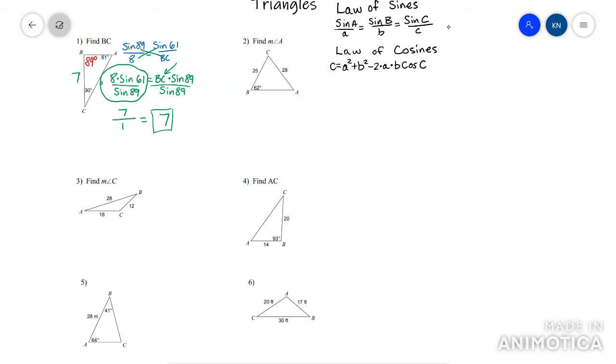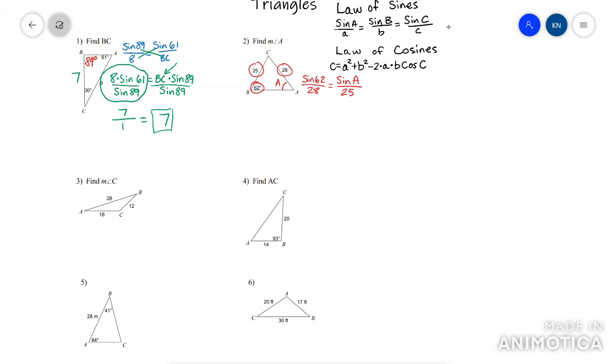All right, let's look at the next one. The next one, they give me an angle and its opposite side length. So immediately I know I'm going to be running law of sines here. They want this angle, angle A right here. So this one I would set up sine of 62 over the side length 28 equals sine of angle A over its opposite side length of 25.